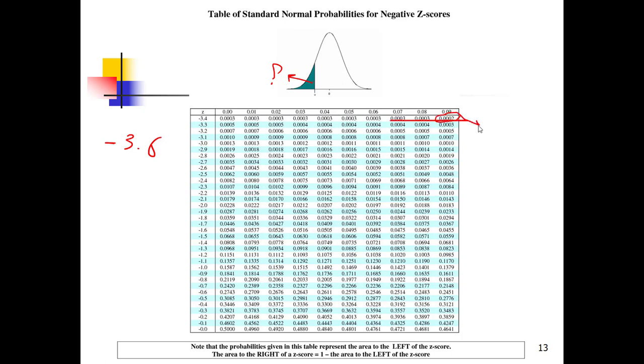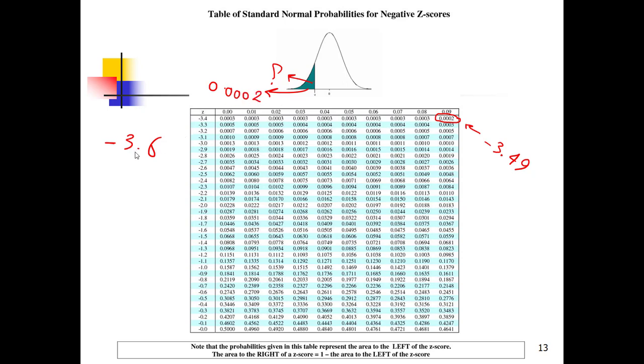So for the z, sorry, just let me clean this. For z minus 3.49, the area on the left is this much, 0.0002. It's a very small area.